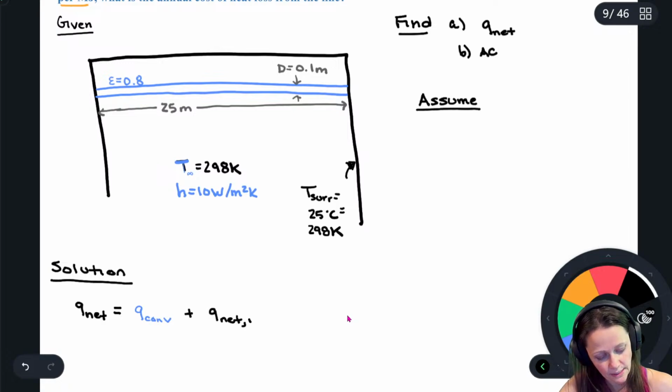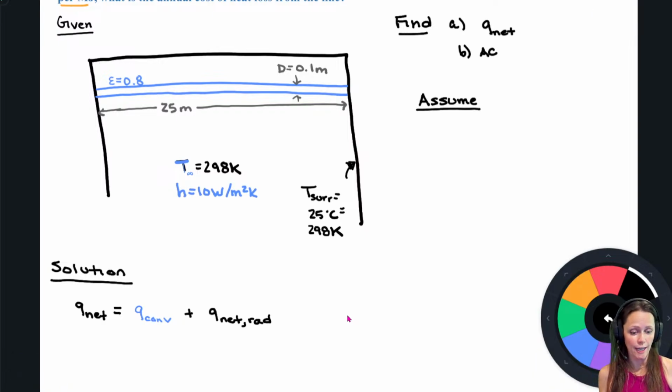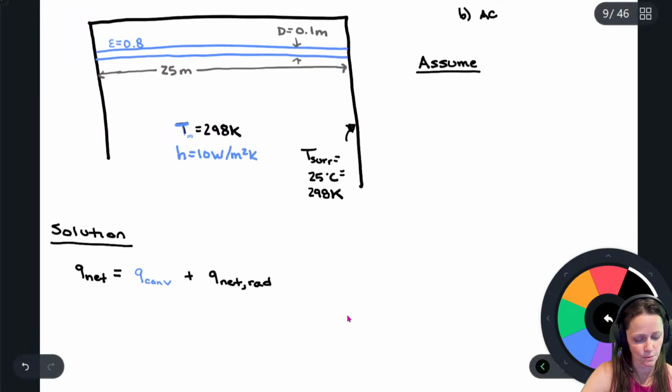So I'm going to call this net RAD. Again, that's the net radiation due to the surface of that pipe emitting radiation, but also absorbed radiation due to the irradiation G coming in onto that surface from the surrounding enclosure.